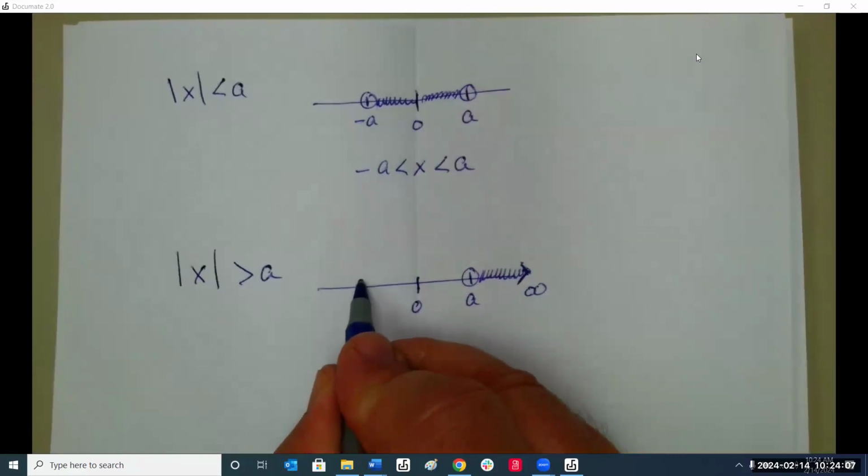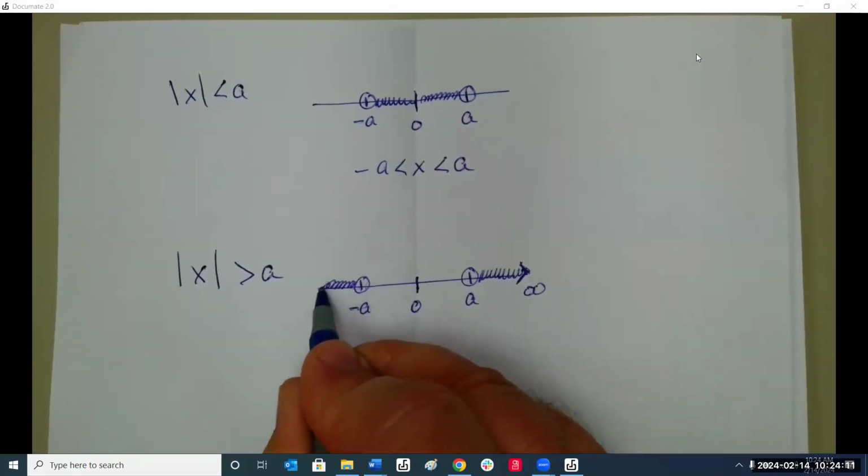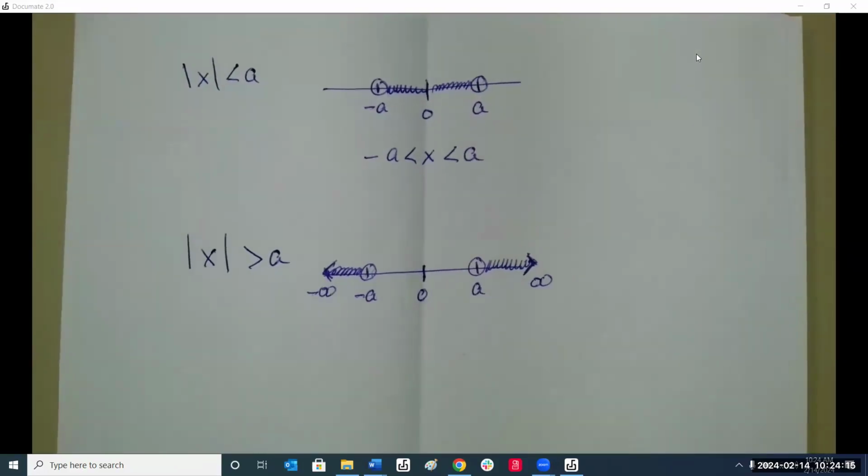And if I fold my sheet over, I get an imprint on the negative side. It's a mirror image.